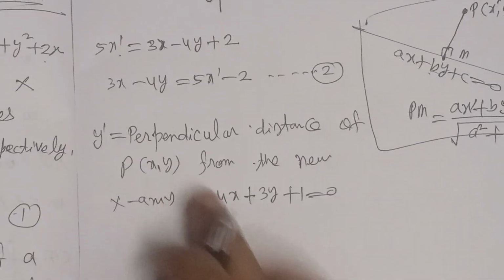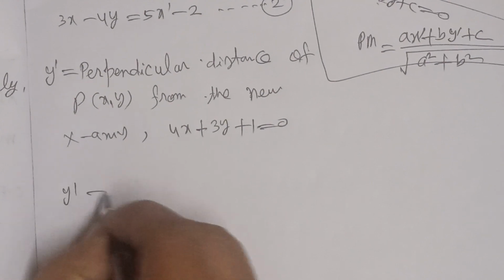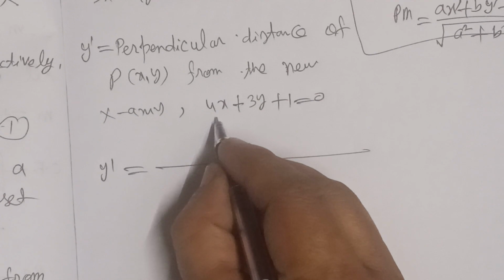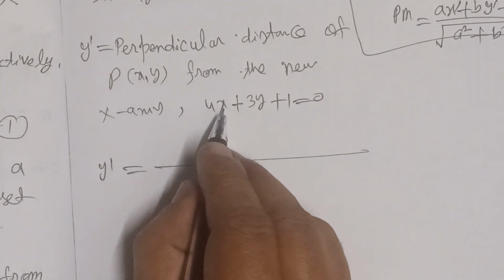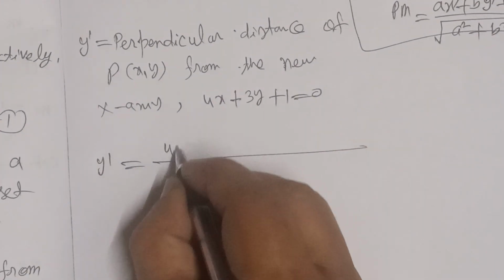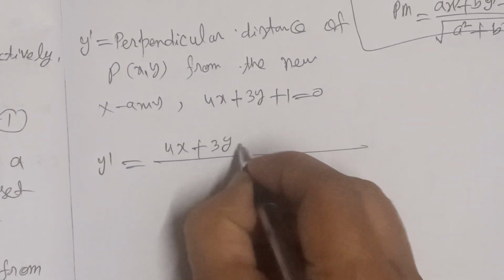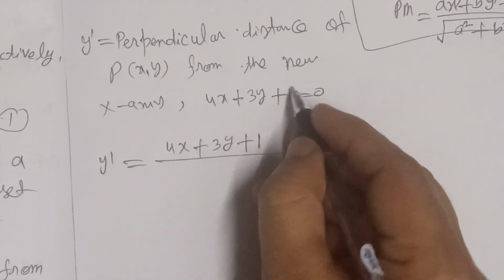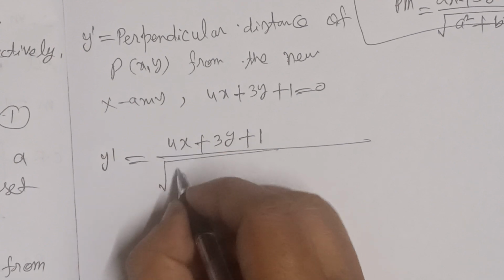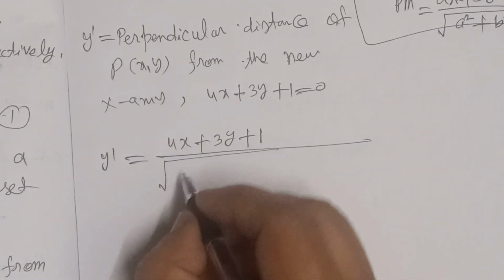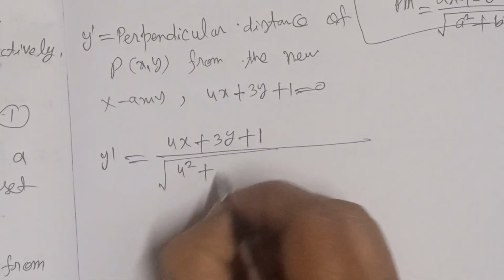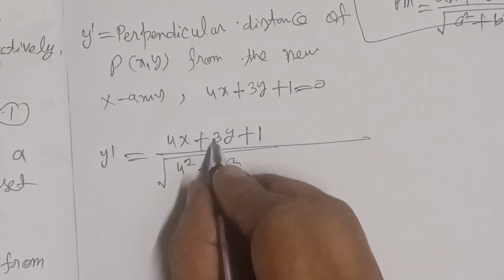I write this here. So y dash is equal to, from this formula we can find, and put the value of x in place of this x. There is no change in this equation. In the numerator we write this, the left hand side is positive also, and divide by the square root of the sum of squares of the coefficients of x and y, 4 square and 3 square.